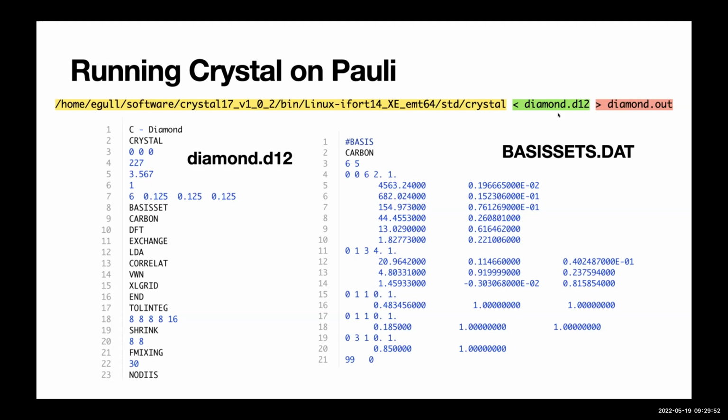So using this crystal executable, you're directing all the output of this calculation to a file. I name it diamond dot out. You can name it something else. So this is the output file. Inside this diamond dot D12 is the script specifically for crystal.